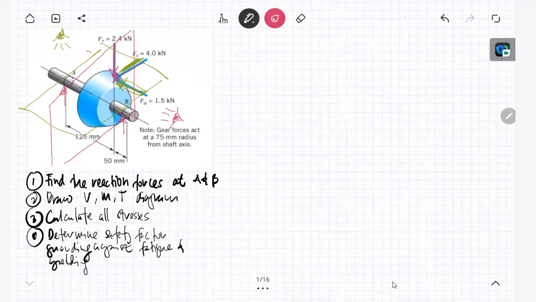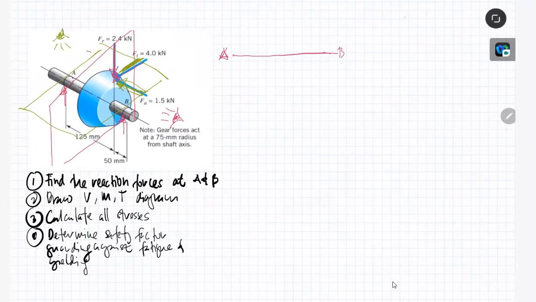Kita buat, this is A. This is A. This is B. So kita akan dapat lihat, this is gears. Here.